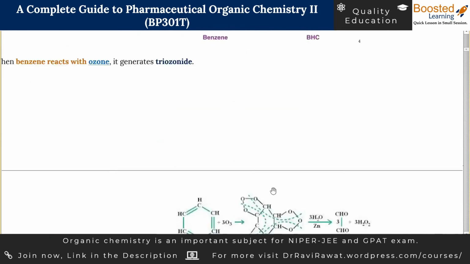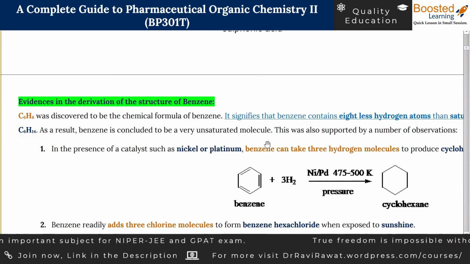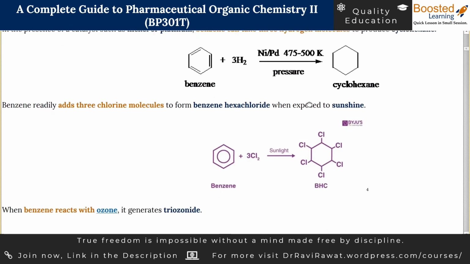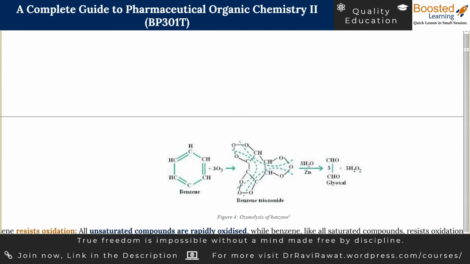In this session we have covered that the derivation of the structure of benzene was done starting from the chemical formula, which was C6H6. The formula itself was signifying that there is a lot of unsaturation in the molecule of benzene. This was also supported by various experiments such as the hydrogenation experiment, the halogenation as addition experiment, and the reaction with ozone.